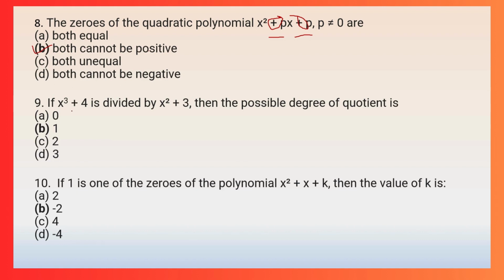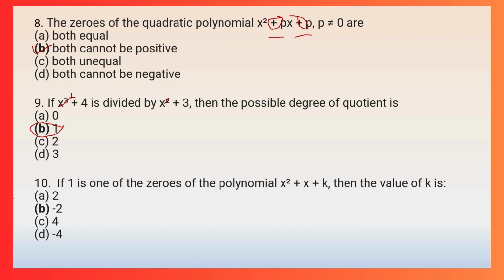Now, if x cube plus 4 is divided by x square plus 3, then the possible degree of the quotient. Here we have to mention the degree of the quotient. x square is divisible, so only 1 degree will remain. So the answer will be 1. Just cut the degrees, like square or cube or whatever it is, and answer the question.